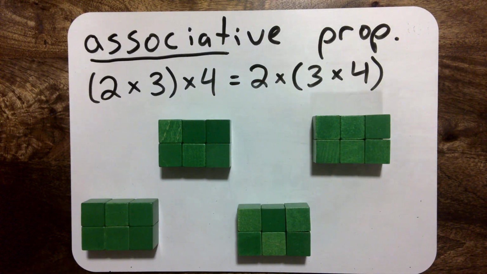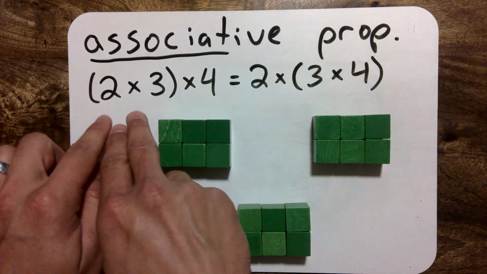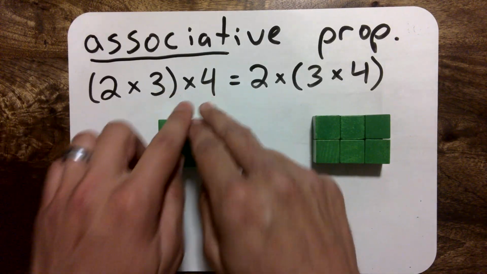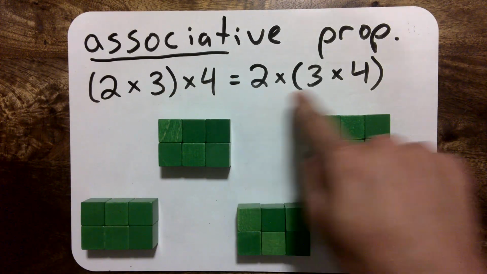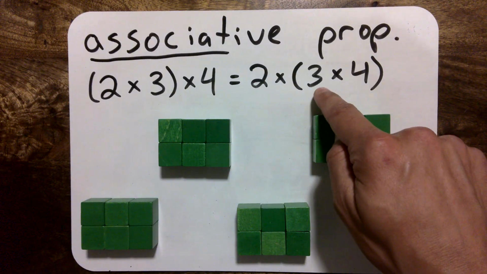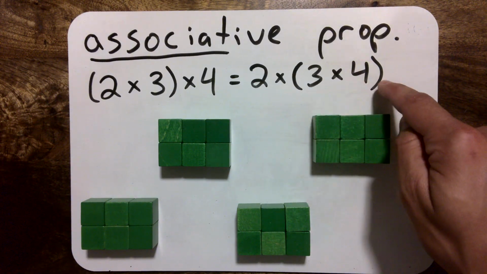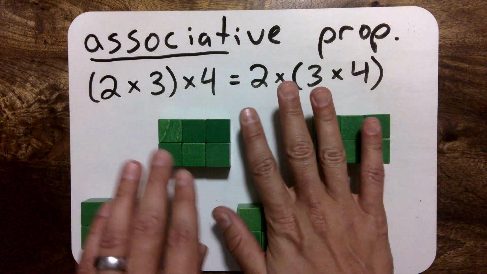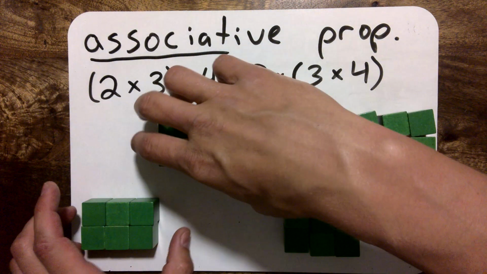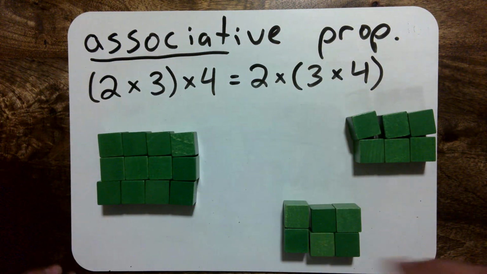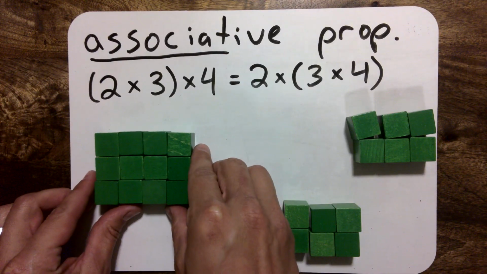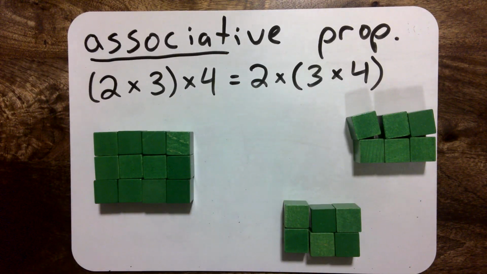Okay. So this is the 2 times 3 first in the parentheses, and then we're multiplying that by 4. So 4 groups of that area model. So over here, we're going to create these area models that have 3 rows with a size of 4. Okay, so I'll make one first. Okay, so there's one area model that has 3 rows of 4.